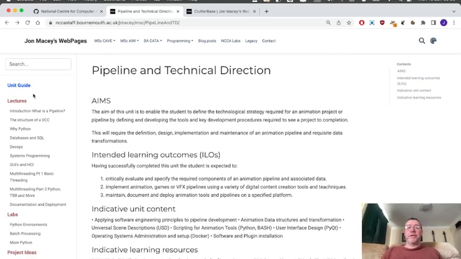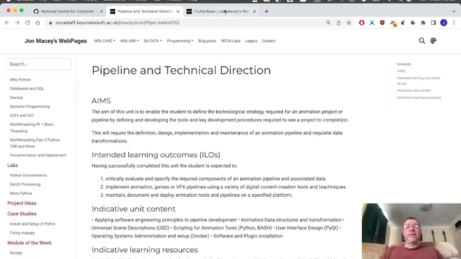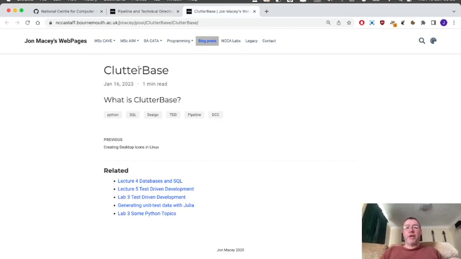That includes the DCC tools themselves like Maya and Houdini, as well as writing tools that sort of glue things together. So the idea is we're going to develop from scratch a tool which I'm calling ClutterBase. It's a portable database of assets that can be transferred as a single file, which can then be loaded into other tools.